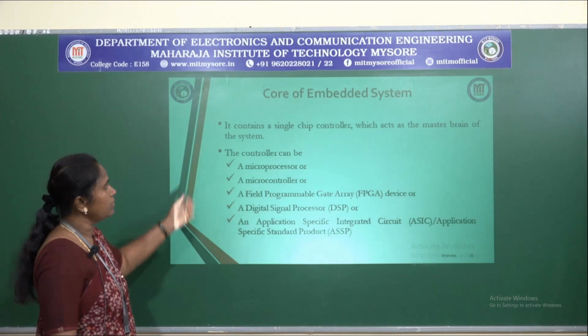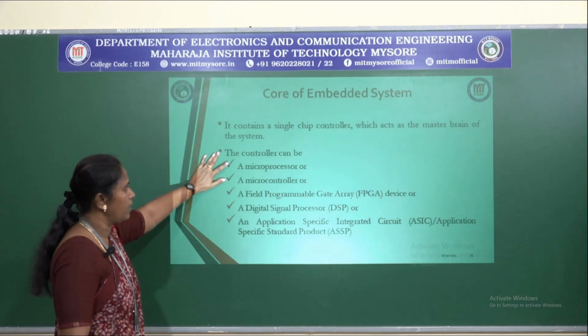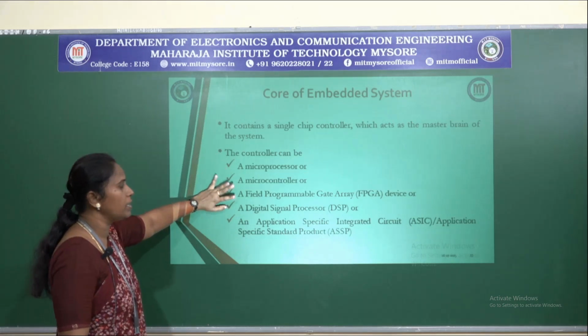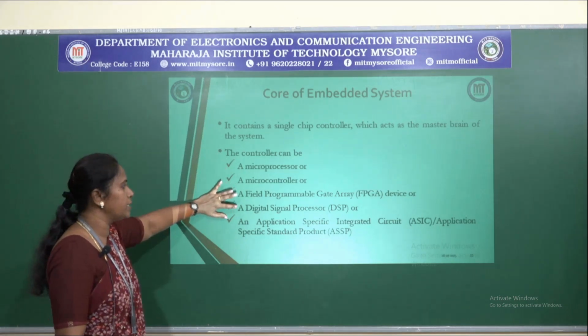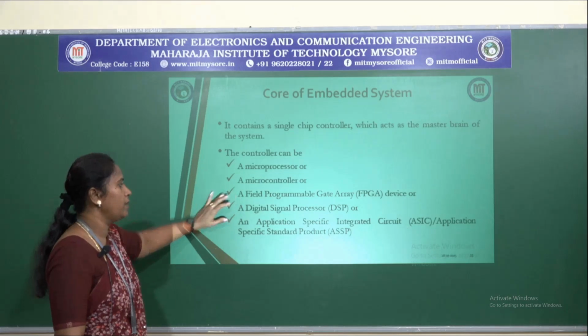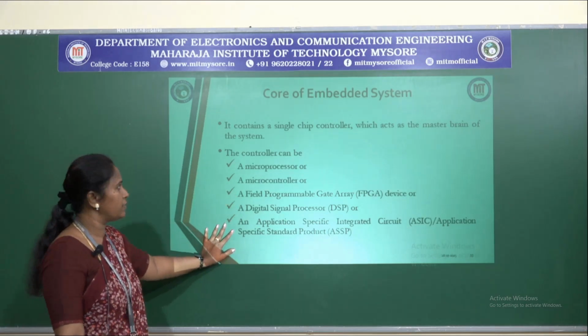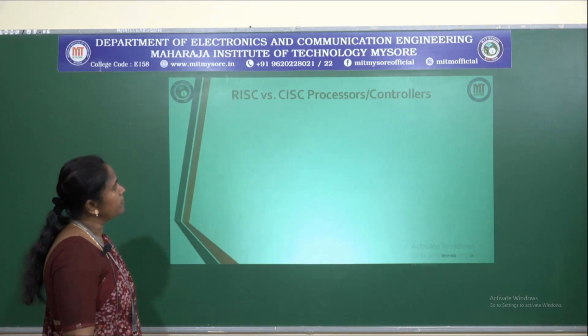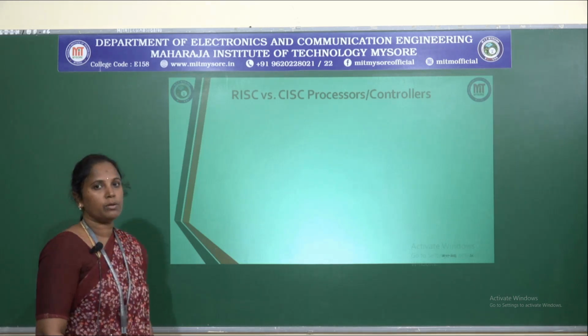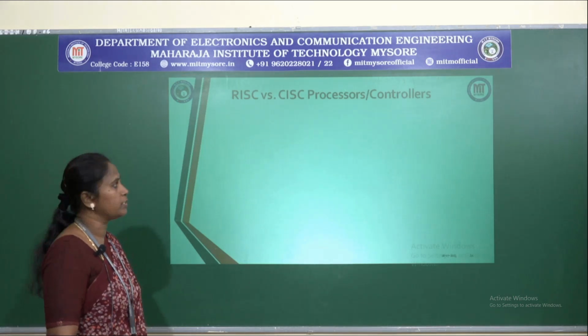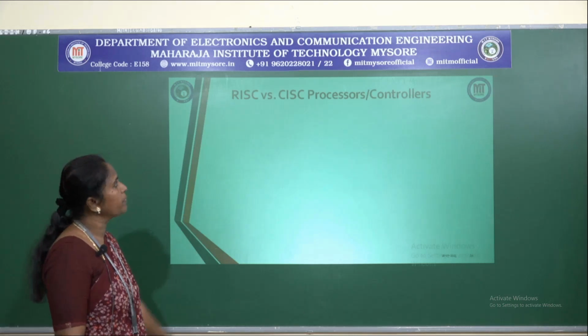As I just told, it consists of a processor, a controller, an FPGA, a DSP, or an application specific circuit. So that is about the elements present in your embedded system.